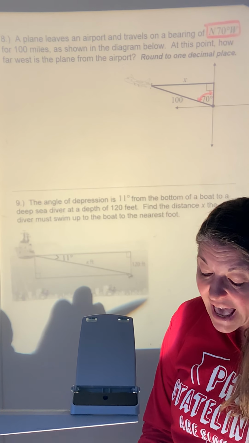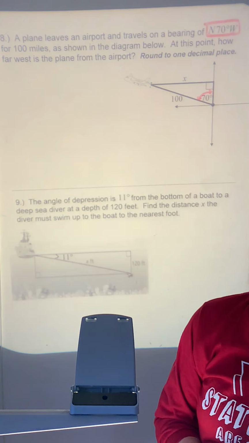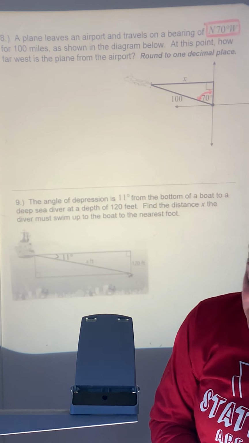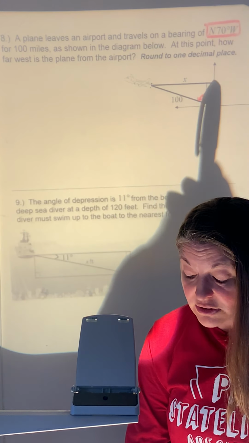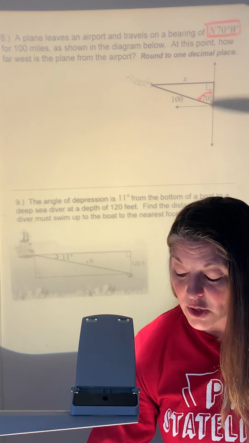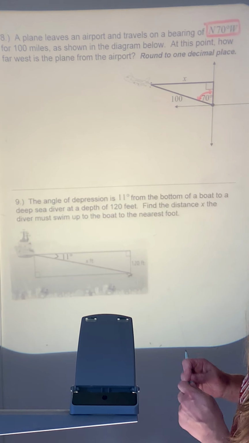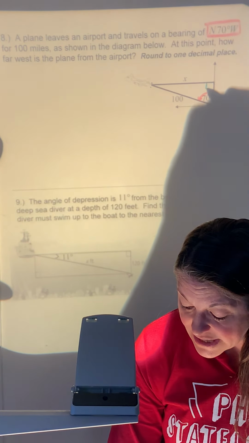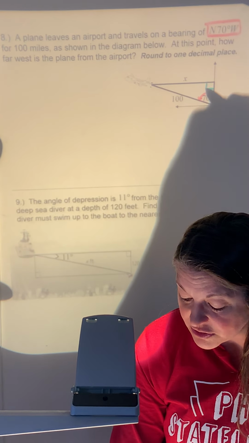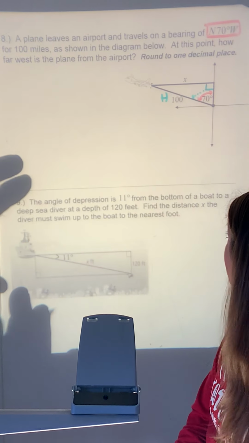At this point, how far west is the plane from the airport? All I'm looking for here is this X, which is representing that west direction from where the airport is, which is right here. So go ahead and label your picture. We've got the 90 degree angle here. Across from the 90 is going to be that 100.